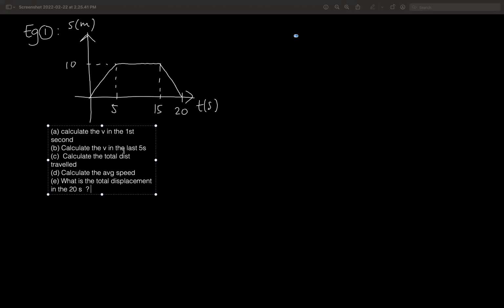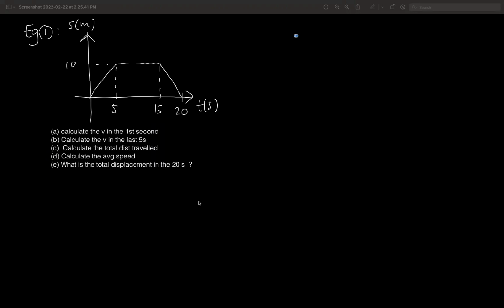Okay, now we look at one example here. Calculate the velocity in the first 5 seconds.